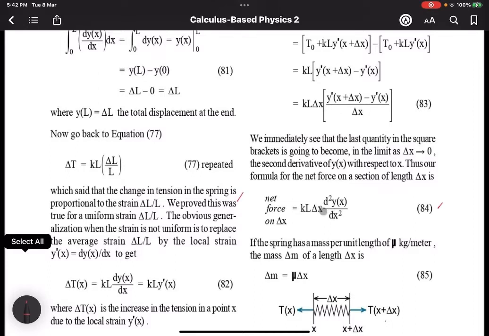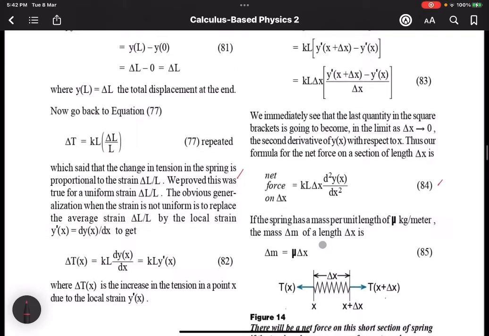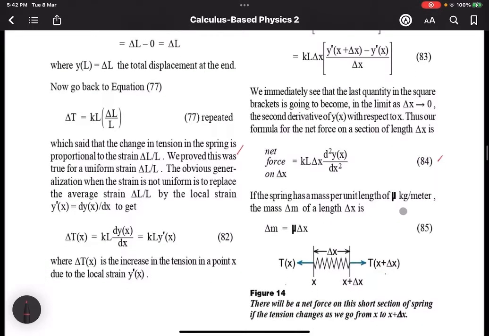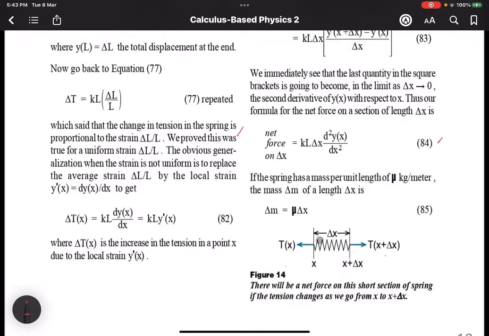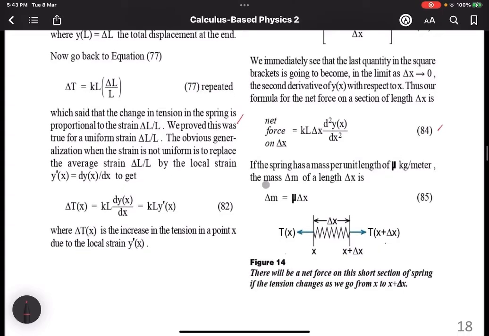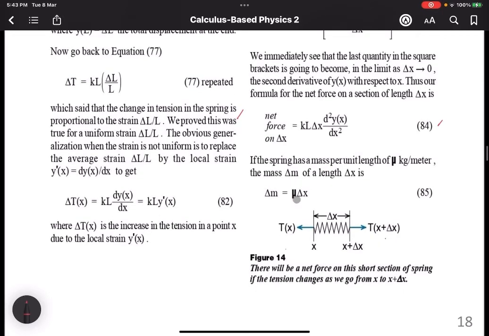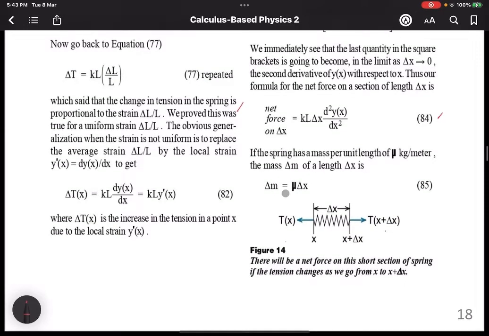the tension and length of the spring, no? If the spring has a mass per unit length, now we will apply the mass, no? Kakaroon ng wave kasi nagmo-move yung mass ng spring kasi nagsasama-sama siya, di ba? So if the spring has a mass per unit length, okay? So kailangan nating i-apply to as shown in this equation.